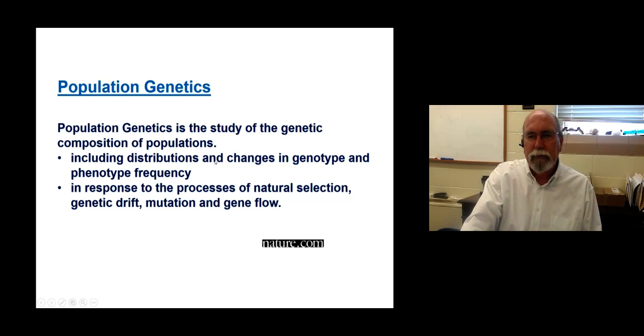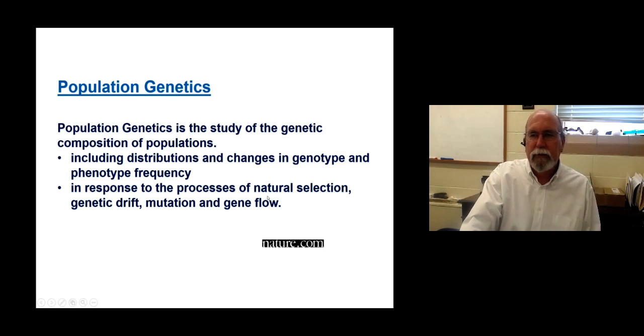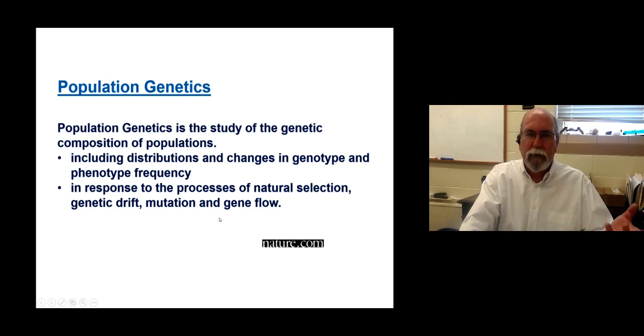And what we're really interested in here are changes, how things change in terms of the genetic composition, what's going on relative to the genotypes and the phenotypes. And we know from study that there are a number of processes that can be involved. Amongst those are natural selection, so choosing the tall ones versus the short ones, or the short ones versus the tall ones. We can have what's known as genetic drift, which is chance events going on.